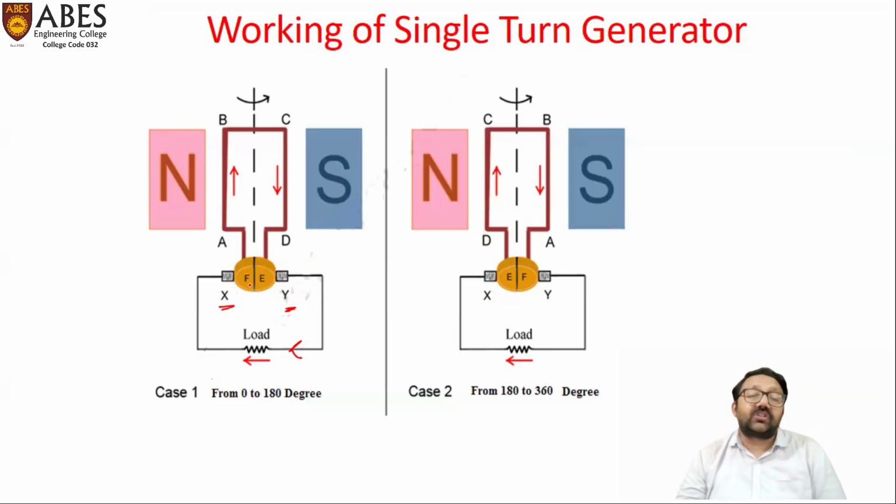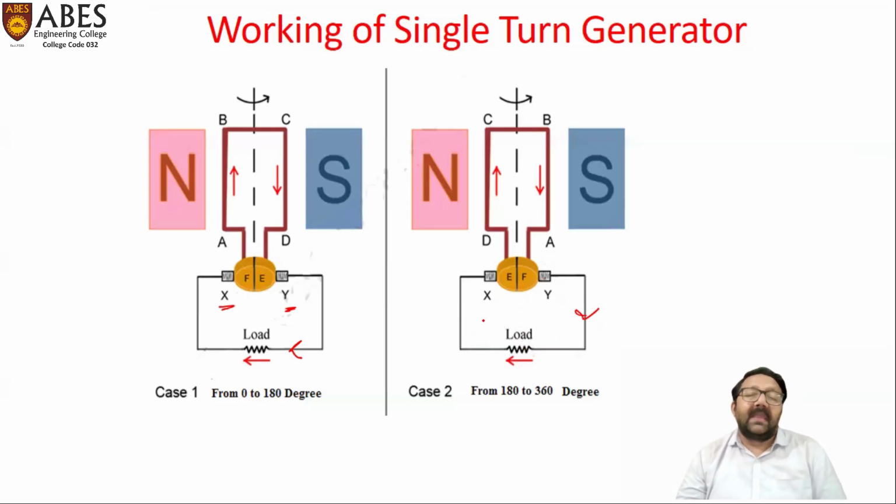Similarly, split ring portion F, which was initially in contact with stationary brush X, is now in contact with stationary brush Y. In this scenario, as far as the external circuit is concerned, the current will continue to flow from brush Y to brush X. So with the help of this split ring and brush arrangement, we are able to maintain a unidirectional flow of current across the external circuit.